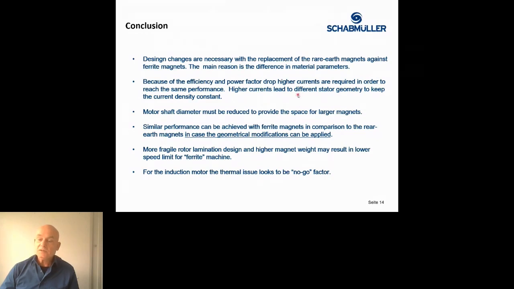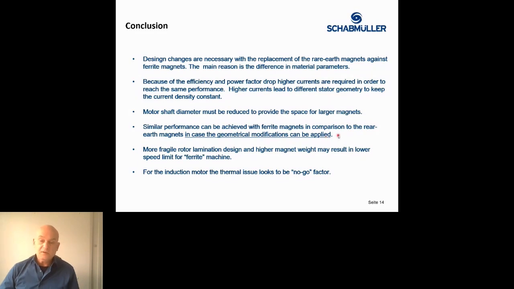The higher currents lead to a different stator geometry to keep the current density constant in the motor. But it's possible. The motor shaft diameter in some cases must be reduced to provide space for the larger magnets. A similar performance can be achieved with ferrite magnets in comparison to the rare earth magnets, in case these geometrical modifications can be applied to the machine.